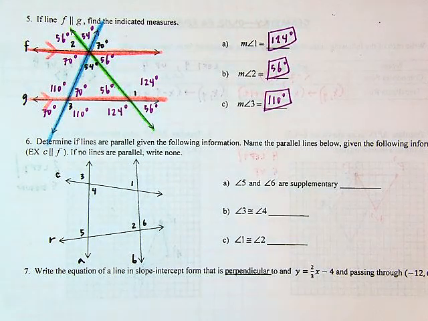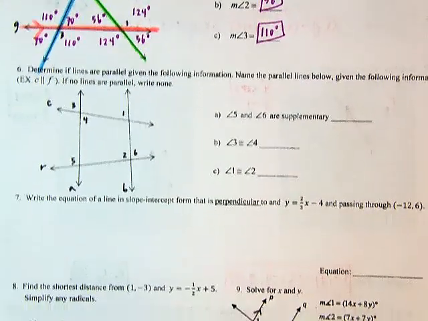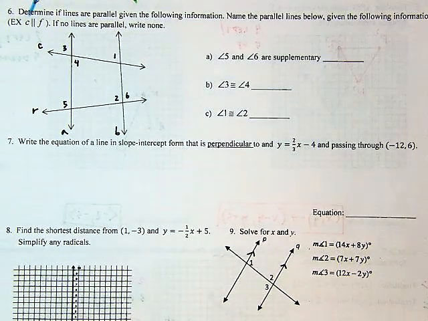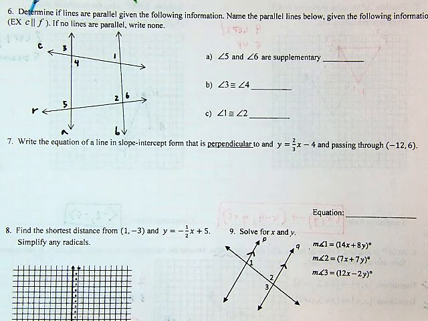All right, the next one here, problem 6. Determine if lines are parallel given the following information. So we're given this diagram that is clearly not drawn to scale, but what we're saying is if we can get to a certain angle relationship, if we can show that certain angles are congruent or supplementary, it has to be the correct relationship.